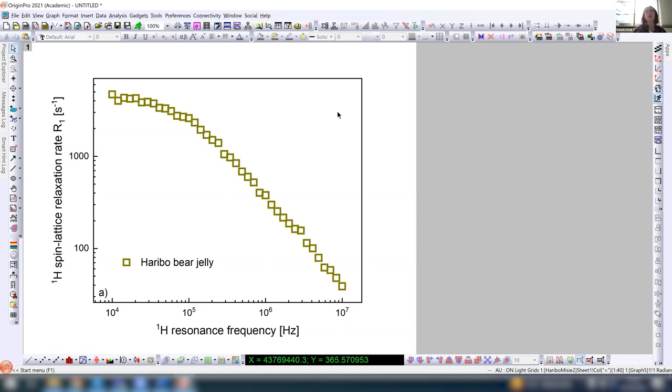Maybe the dynamics is somewhat slower, but let's say not much. And there's a second fraction of water, the dynamics of which slows down very, very much, by orders of magnitude compared to bulk water. However, even in such a case, I could imagine that the relaxation rate would reach, I don't know, 100, but not the order of thousands. So this is a very interesting thing, because probably we do not look at water dynamics here.